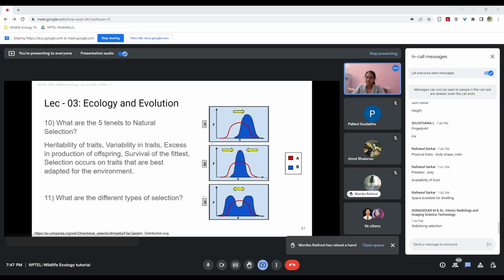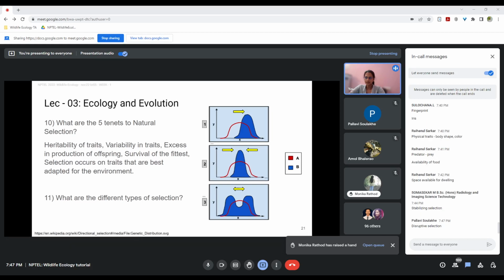And what about panel 3? What does panel 3 tell me? Correct, disruptive selection. Pallavi, would you like to describe disruptive selection a little more? Anybody like to give any examples, it need not be a real example, it could be a hypothetical example also.